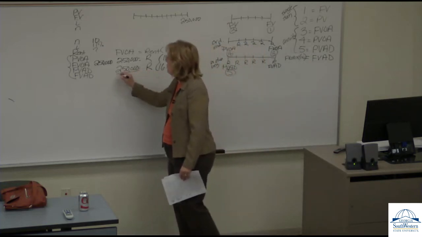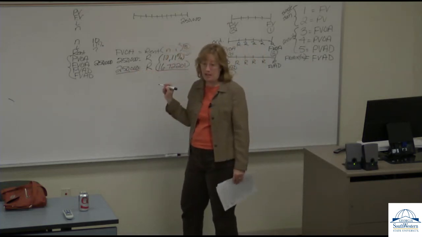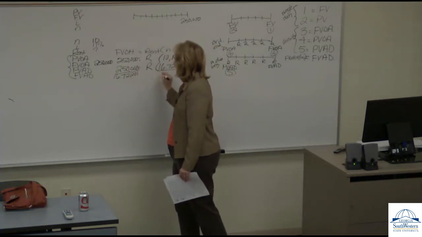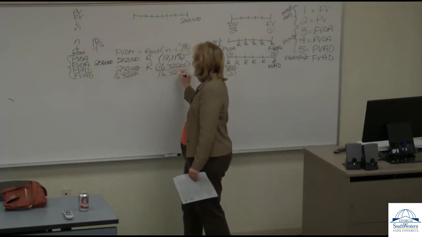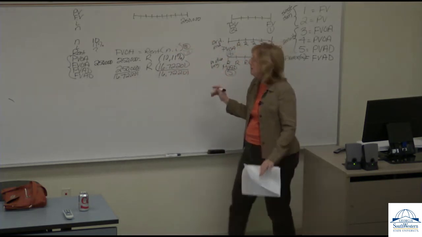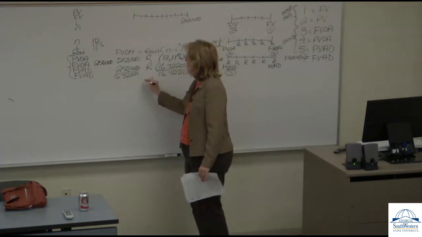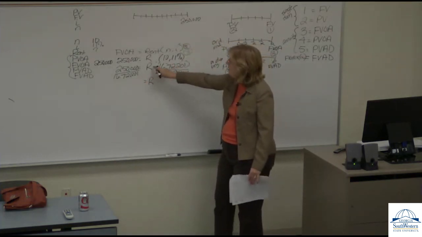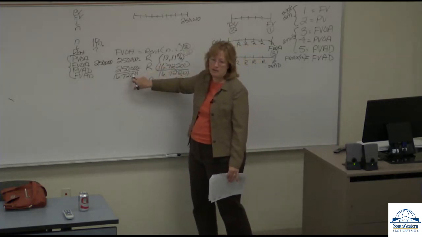Okay, so we're just going to divide each side by 16.2201. Right? So we divide each side by that, and we're left with R equals, this crosses out, right? So we're left with R equals this. So what do we have there?